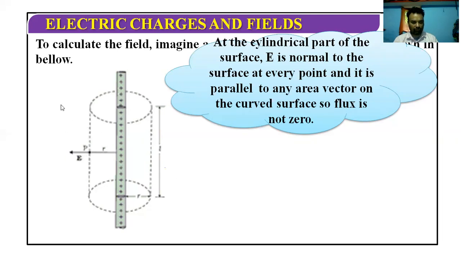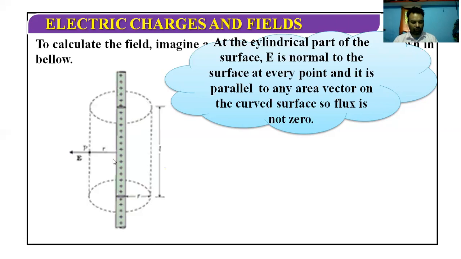So field lines are moving to the left, to the right, to the back, to the front. So from 0 to 360 degrees, the field lines are emitted radially outward, but no field line is going upside or downside.